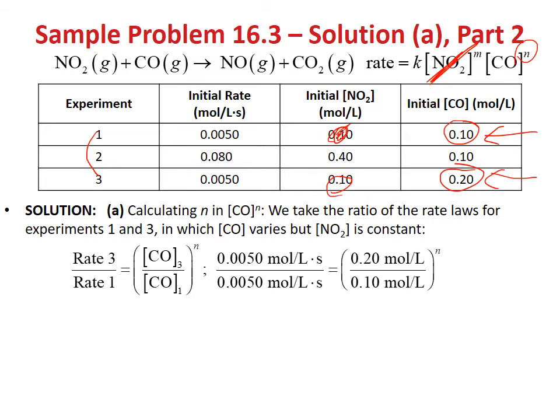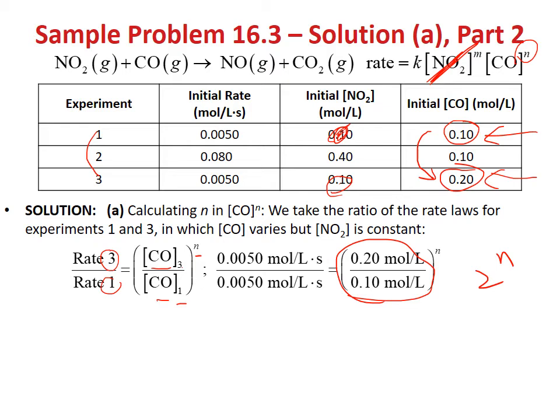The ratio of the 3 over 1 reaction rate should equal the concentration of CO in experiment 3 divided by CO in experiment 1, to the nth power. Note that the CO concentration increased twice, so by theory you should have 2 to the nth power.